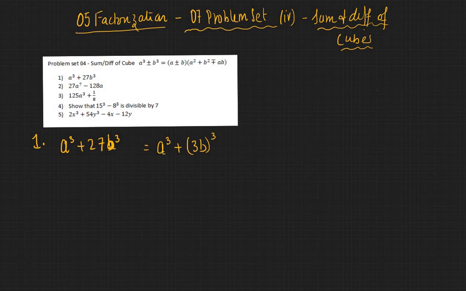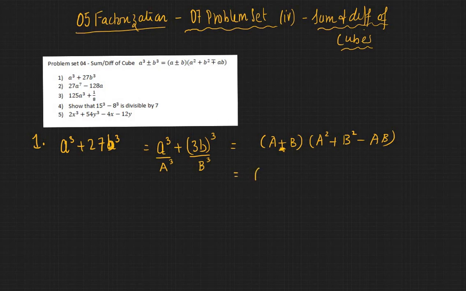If you look at this, this is a cube plus b cube, and a cube plus b cube is nothing but a plus b into a squared plus b squared minus ab. So remember that if there's a plus here, there'll be a minus here. That's what this means: plus or minus, and minus or plus.